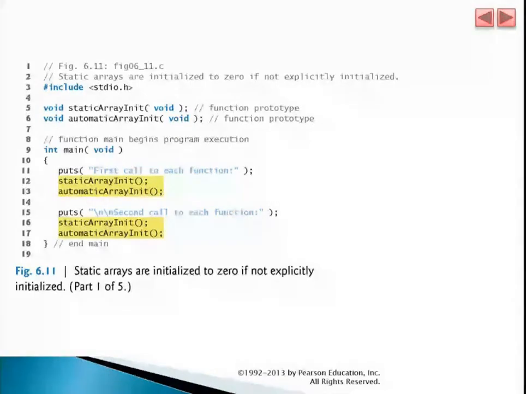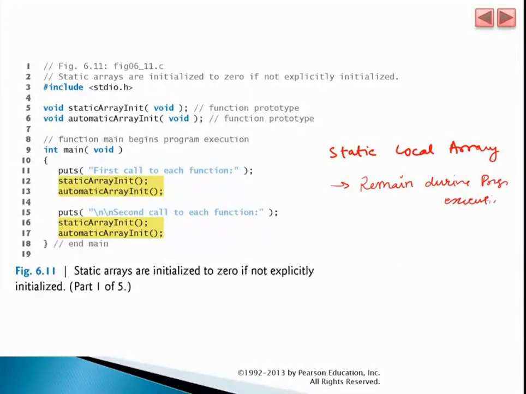When we talk about how a static local array is different from an automatic local array, the first difference is that a static local array will not get destroyed. It will remain as it is during the program execution.